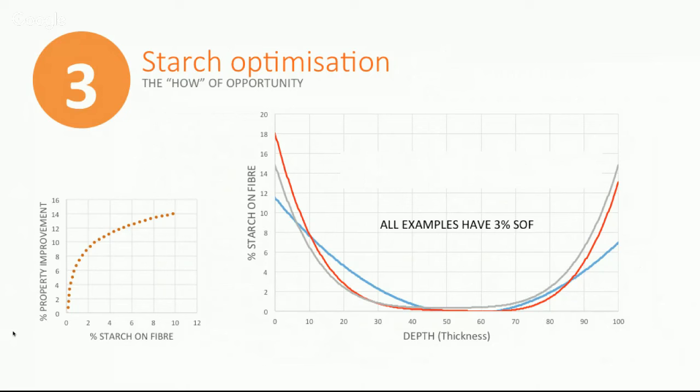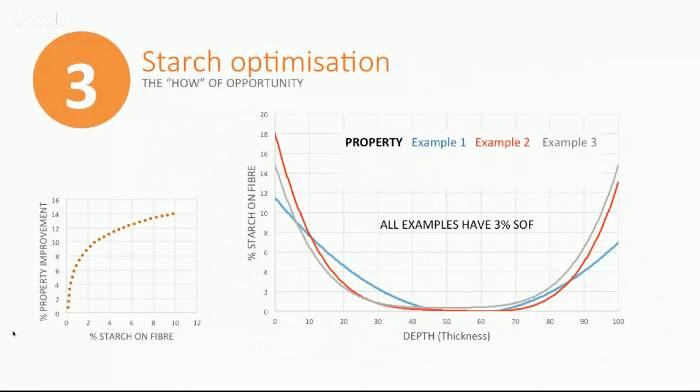So if we were to look at the properties, and we'll use the original red line as the reference, what we can do is compare for different properties what the effect of the different profiles would be. Just have a look at that for a sec. So we have property, and then example 1, example 2, and example 3.